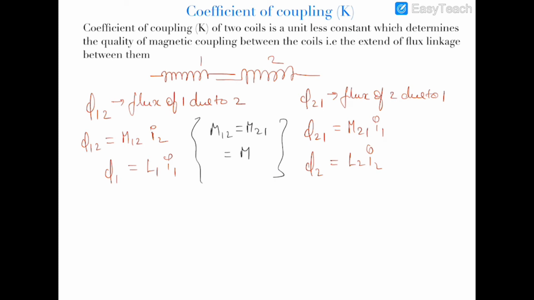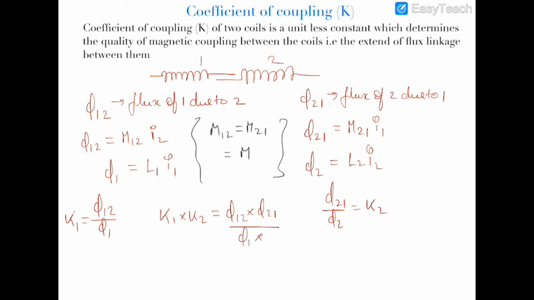Also, the fraction phi 12 upon phi 1, let's suppose it is K1, and phi 21 upon phi 2 is K2. If we multiply these, K1 into K2 is equal to phi 12 into phi 21 upon phi 1 into phi 2.